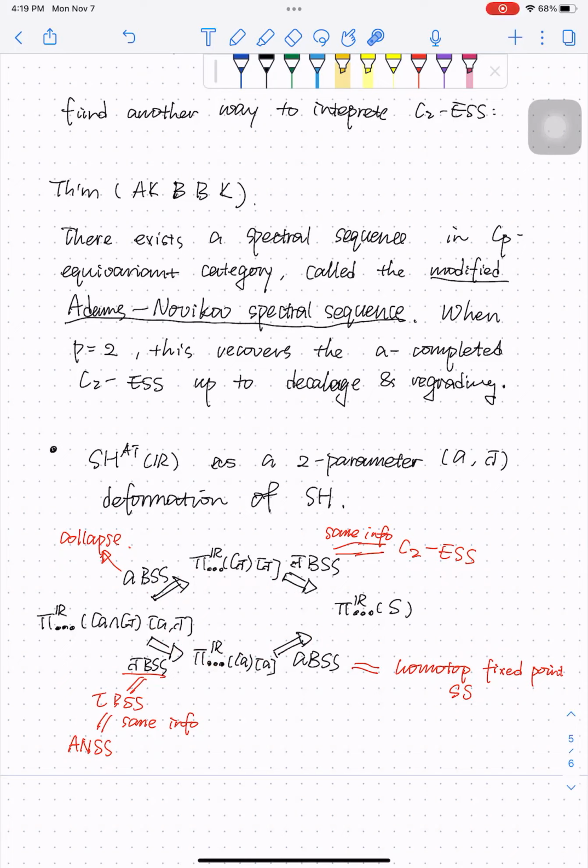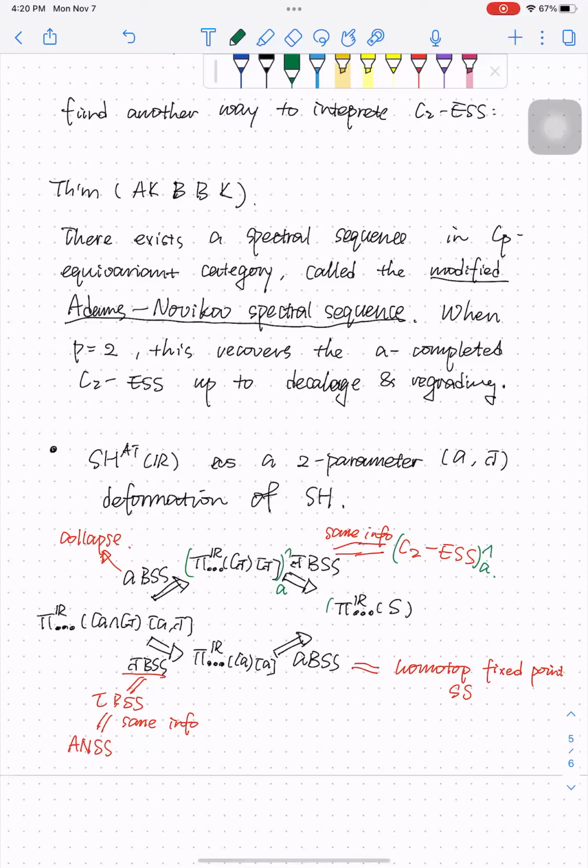So that gives you, intuitively, a way to think of the C2 effective spectral sequence as a combination of Adams-Novikov and homotopy fixed point spectral sequence. And the good thing about Adams-Novikov and homotopy fixed point spectral sequence is that you can easily generalize them to the C_p-equivariant case.